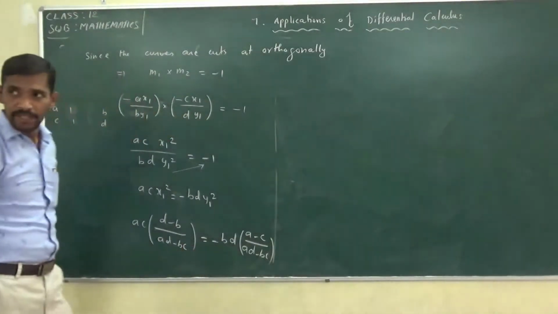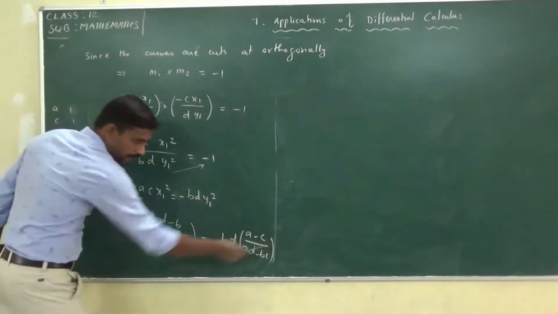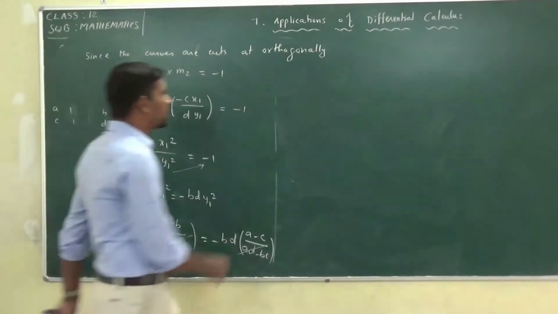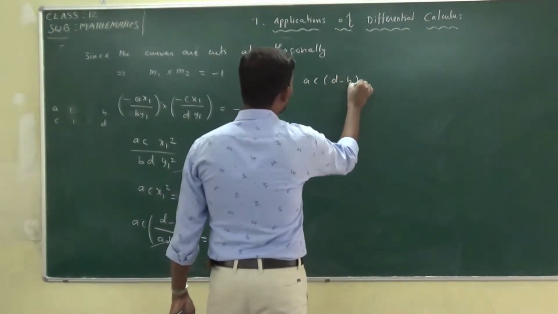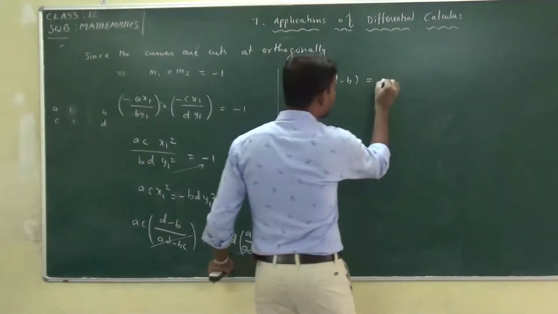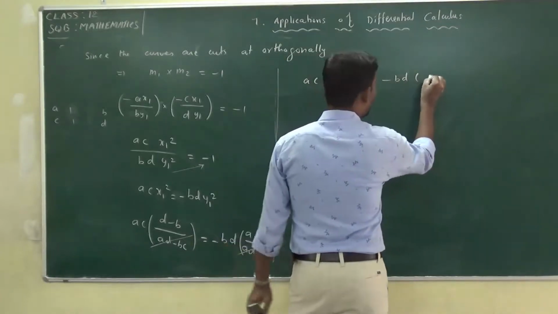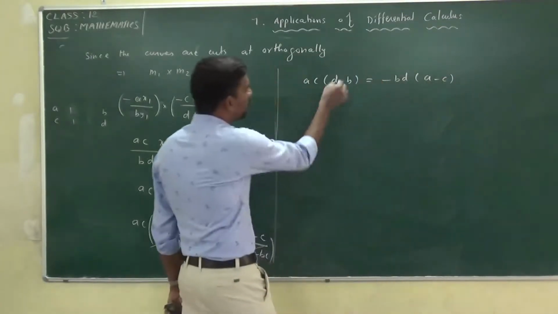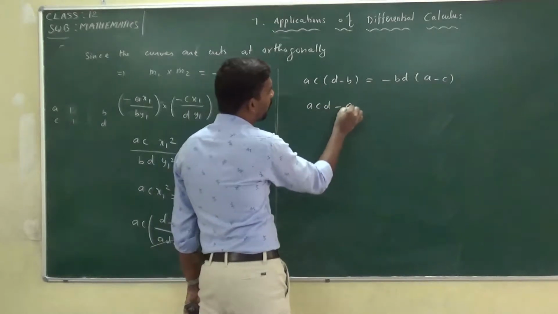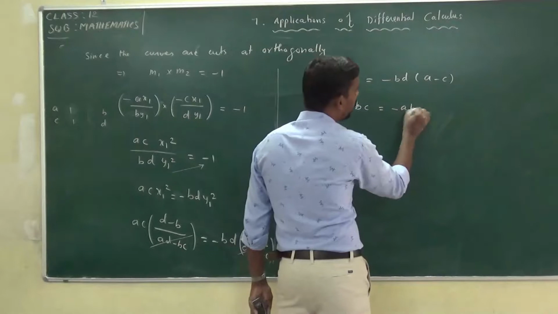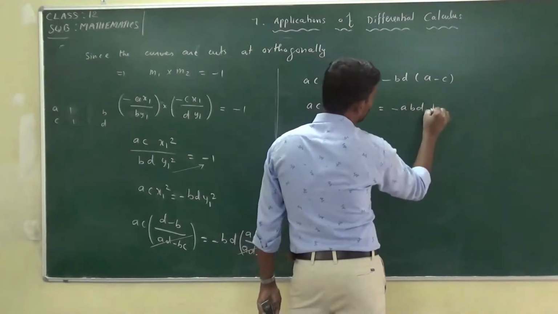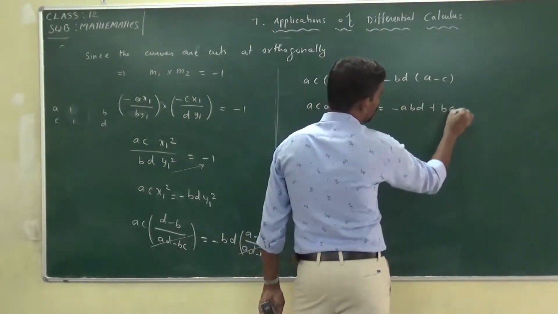So you see the denominator AD minus BC will be cancelled. What is the remaining term? AC into D minus B is equal to minus BD into A minus C. Multiply: ACD minus ABC equals minus ABD plus BCD.